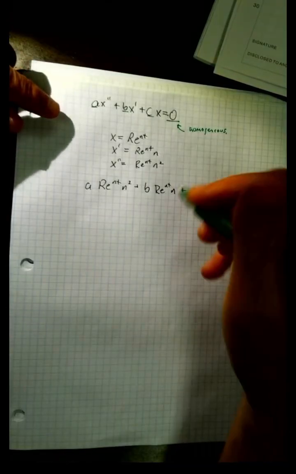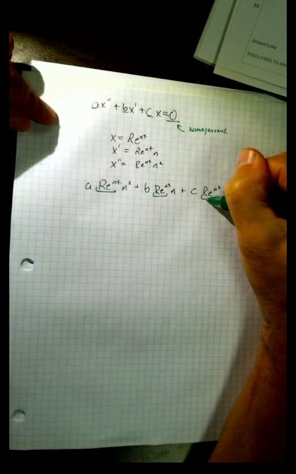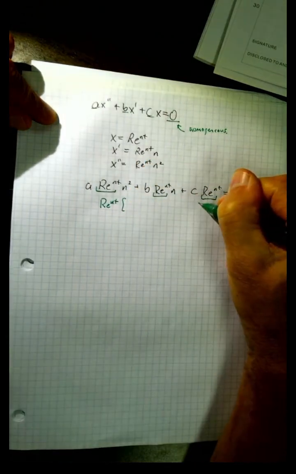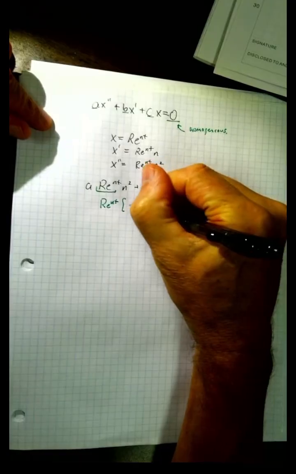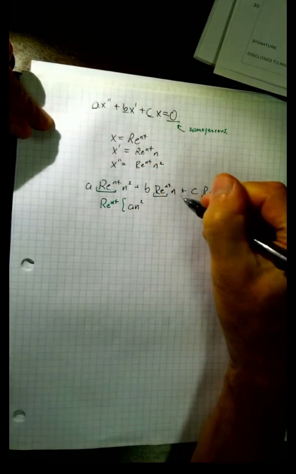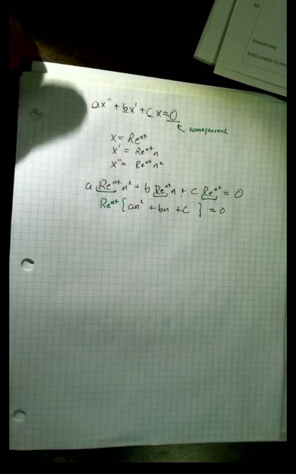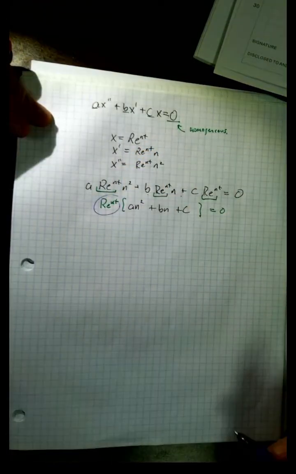First thing we note is that we see an r e to the nt in every term, so we can factor that out. So the first term becomes a n squared, second term becomes b times n, third is c. And now we recognize that r e to the nt is our solution x.